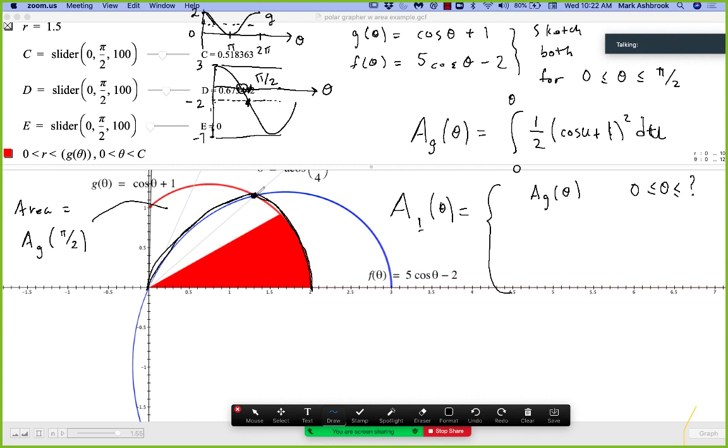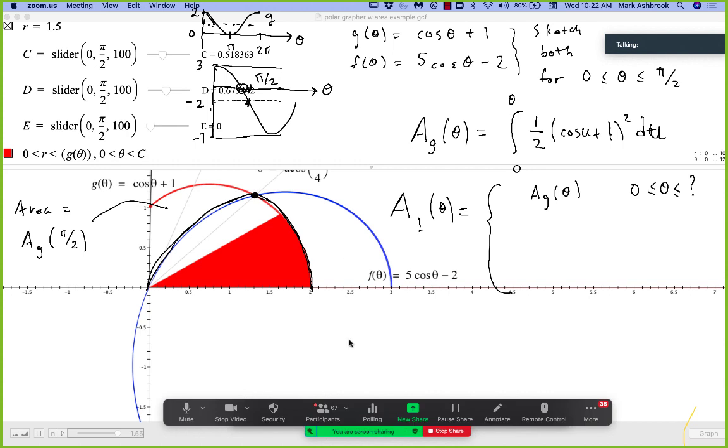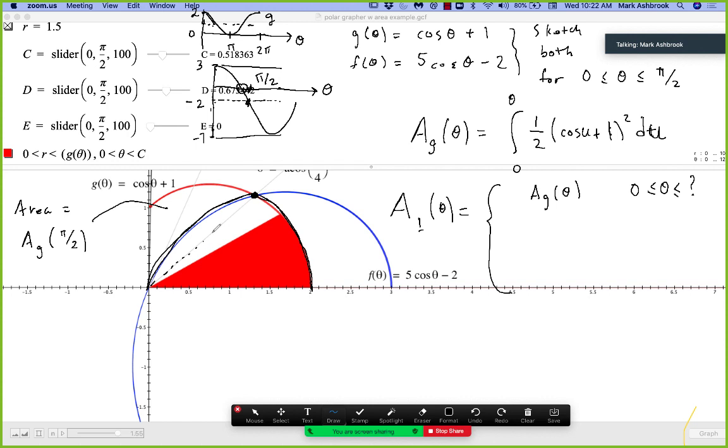Do we set the functions equal to each other to find the intersection point? Yeah, we're going to need this. What is this angle right here, where we stop accumulating according to g and start accumulating according to f? The r values are the same, so we're interested in where g of theta equals f of theta. So cosine theta plus 1 equals 5 cosine theta minus 2.